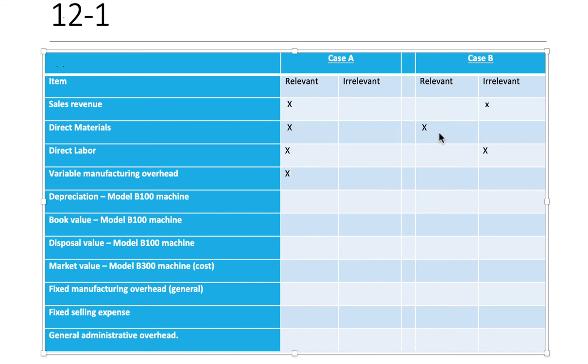Because we're increasing production, it's a variable cost. It automatically goes up. In this situation, our decision is to keep what we got or add a new machine and produce more. Well, variable manufacturing overhead is going to be different under each of those scenarios. It is relevant.